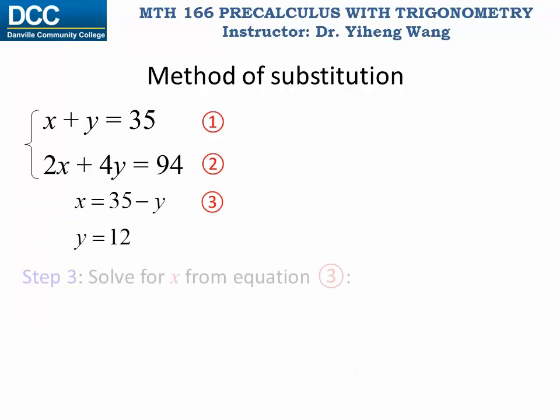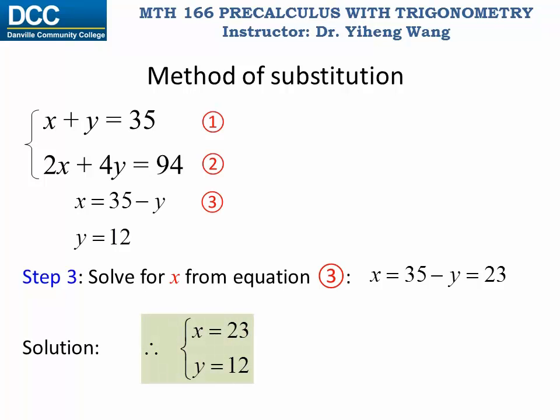And then for step 3, we solve for x from equation 3. Since y equals 12 and x equals 35 minus y, therefore x equals 23. And now we have our solution to this problem, that x equals 23, which means that we have 23 chickens, y equals 12, and that is 12 rabbits.